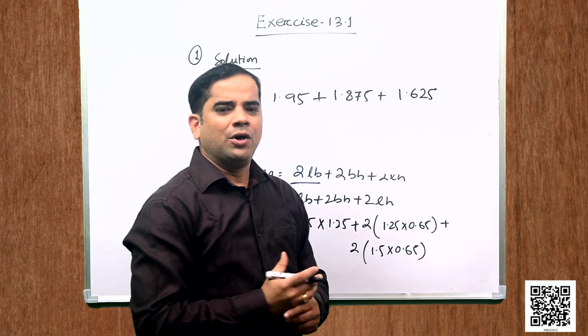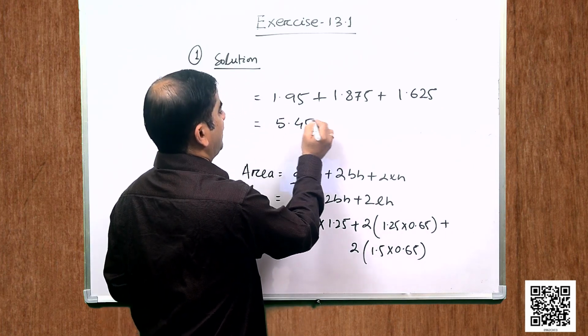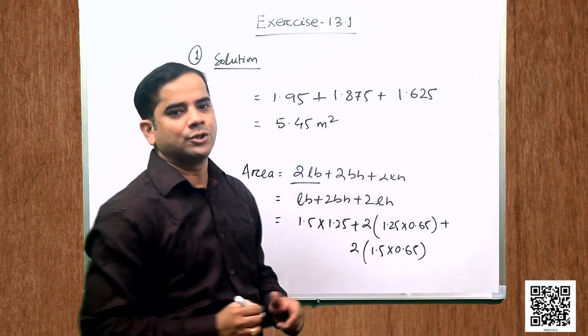Okay. So, when we add, we get 5.45 meter square.